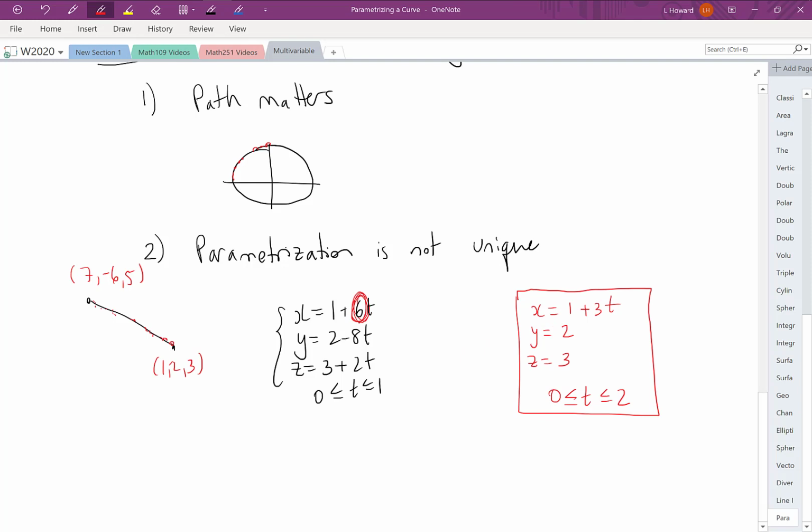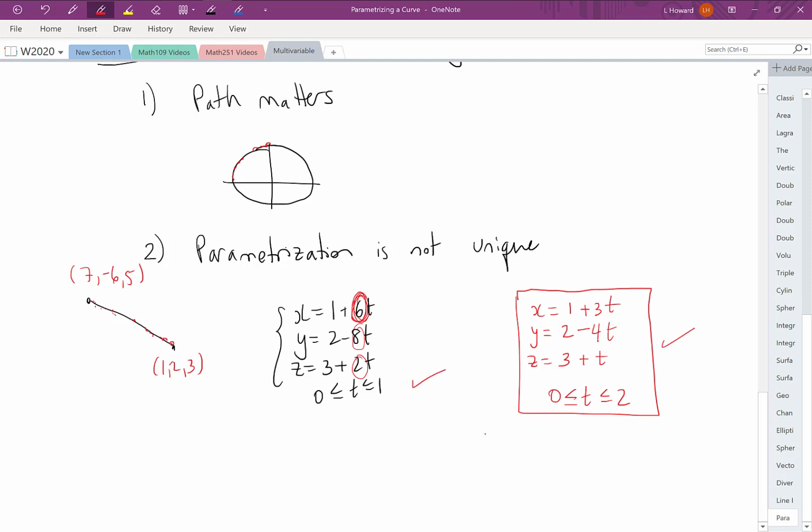So basically, if we divide each of these numbers here by 2, that would give us an amount of change that we would expect to see each second. And so we could write things like y equal 2 minus 4t, z equal 3 plus t. And you can check that by the time we get to t equal 2, sure enough, we are at 7, -6, and 5. So this is also a correct parametrization.